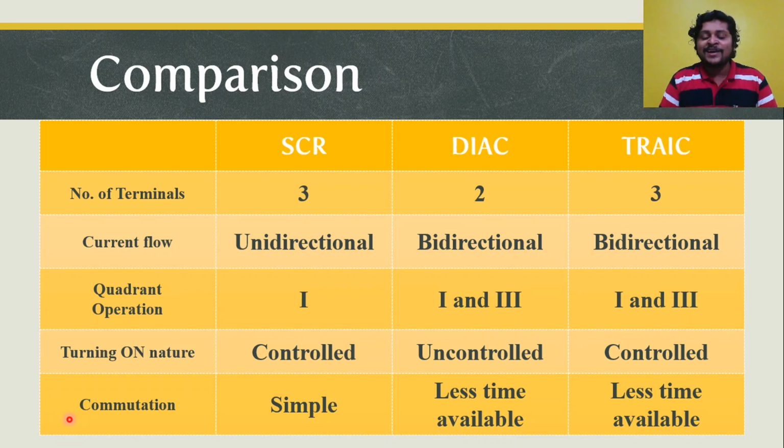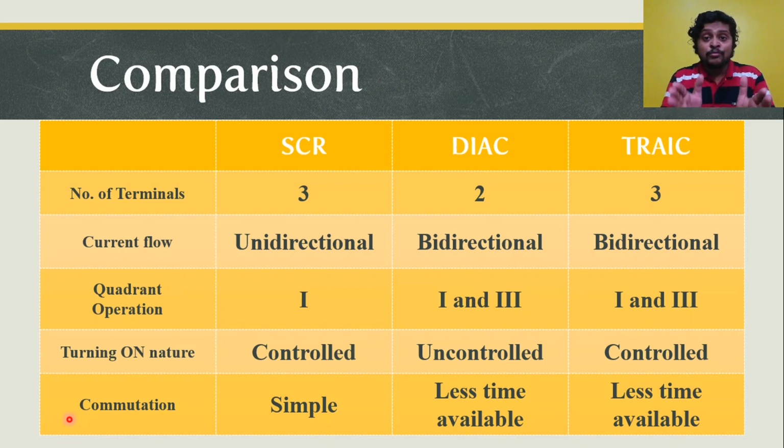But when you go for DIAC and TRIAC, it becomes complex because these devices conduct in both directions, for the positive half cycle as well as for the negative half cycle. So we have a very minute time: the moment at which their forward current decreases below the holding current value, to the crossover point, is the only duration available to turn off the devices.